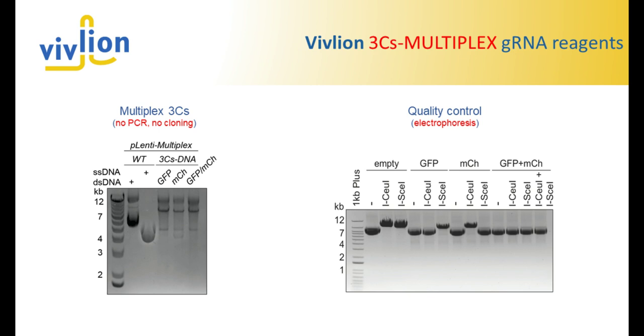So on the right hand side, of course, the empty backbone will be cleaved with both enzymes because both gRNA expressing cassettes are basically wild type. But if we now introduce the GFP encoding oligonucleotides here, then the ISOI1 site is untouched, so the plasmid cannot be linearized, while the ISC1 site is linearized.